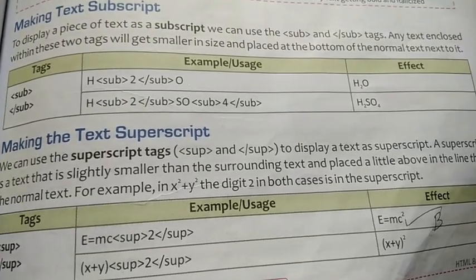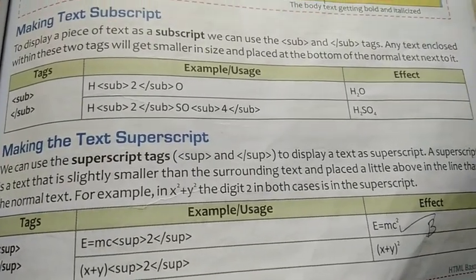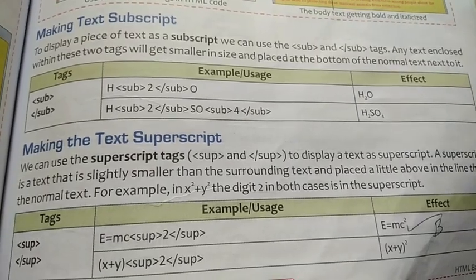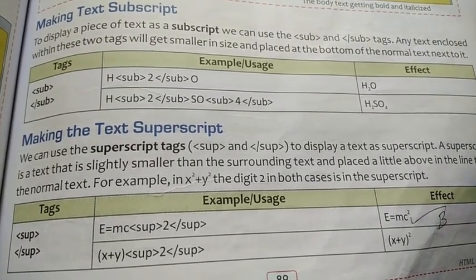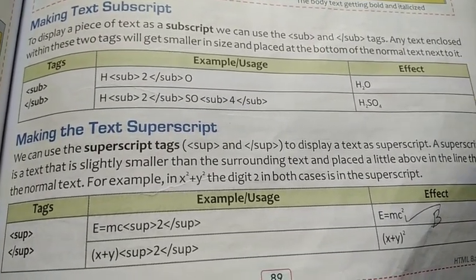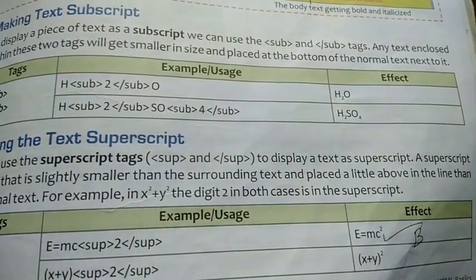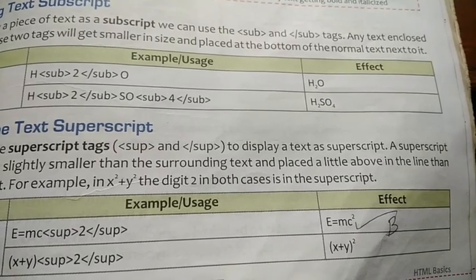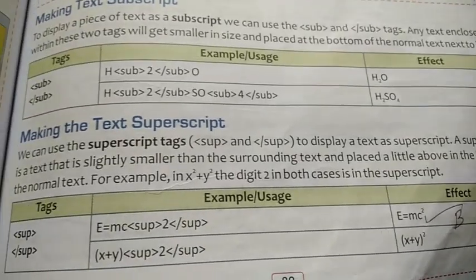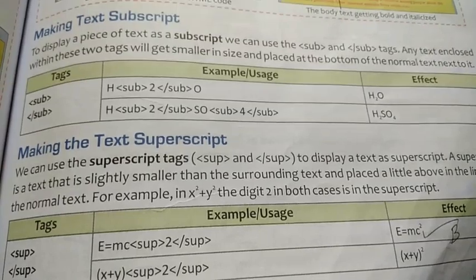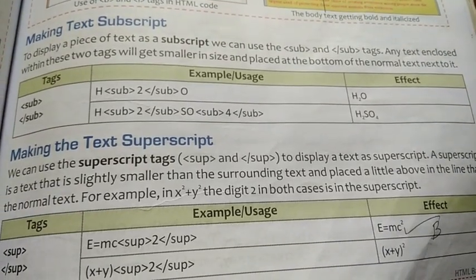For example, in x2 plus y2, the digit 2 in both cases is a superscript. So tags sub and sup. Example, E M C sup 2 sup close, x plus y sup 2 sup close, then the effect E M C2, then x plus y2, same as it is. Superscript, okay, it's at the top side and you can see a subscript at the bottom side.